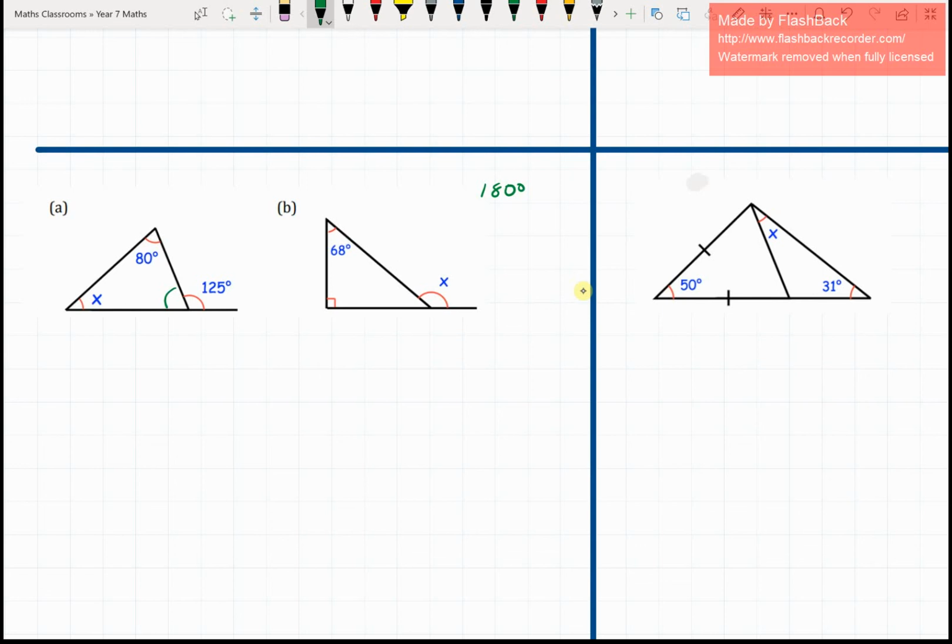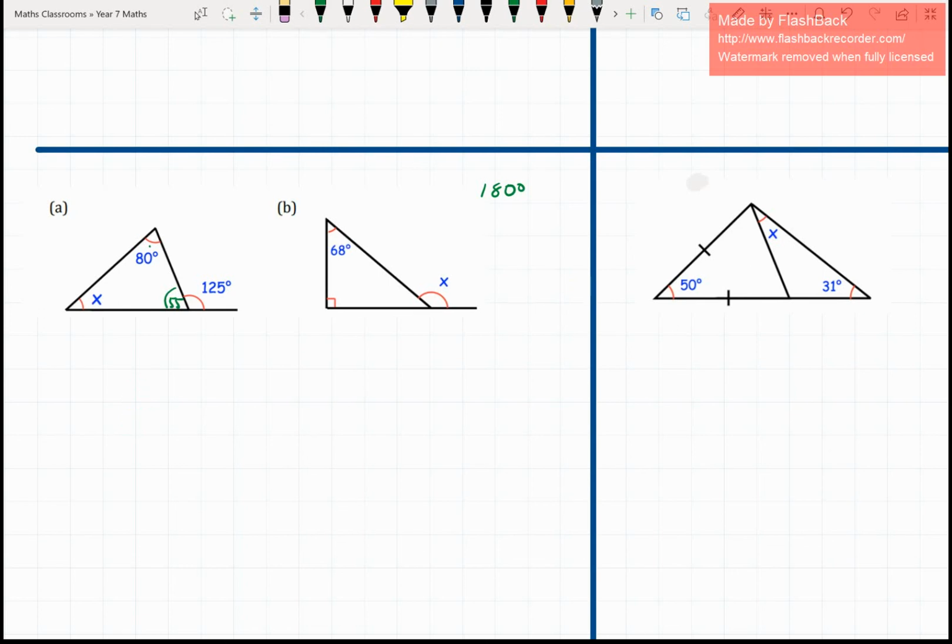Remember, both of them together, whatever this is plus this, is going to give me 180. So if I added 55 to 125, that would give me that. So now I've got 80 and 55, and x. And all of those together are going to give us 180 degrees.